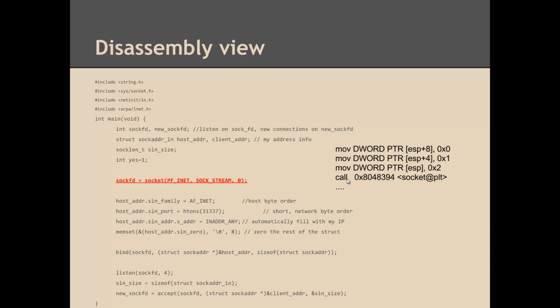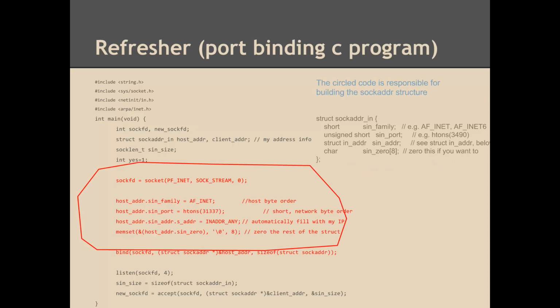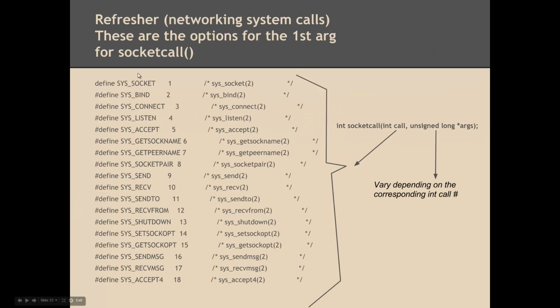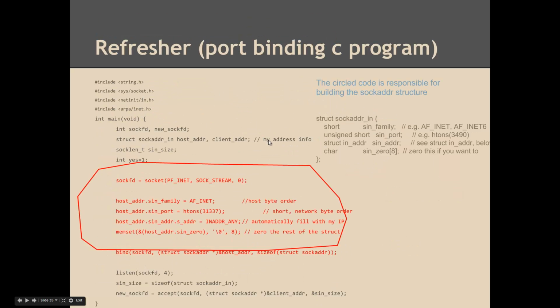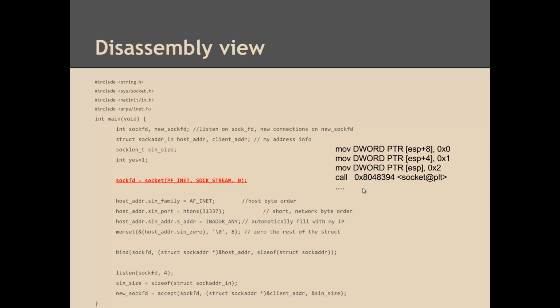So it would be 102 in EAX, and then going back to this function, the syssocket to create a socket would be stored in EBX, so that would be 1, and then ECX would point to the stack pointer, and that's where this array of variables would be to call effectively socket.